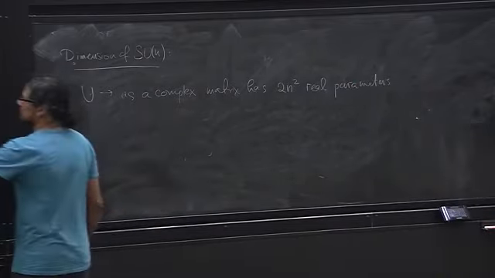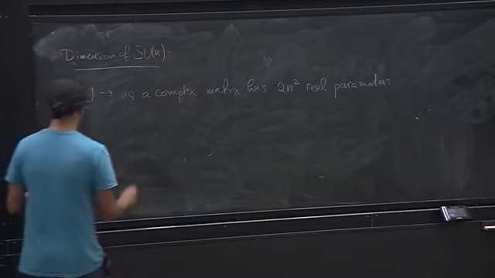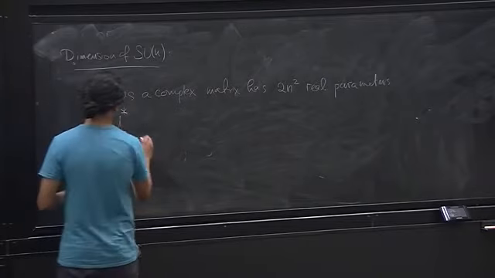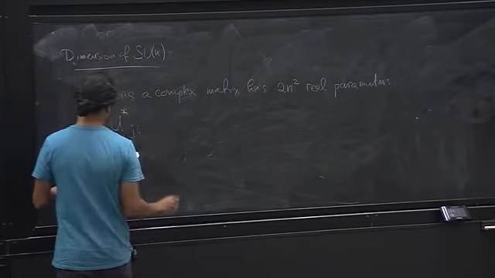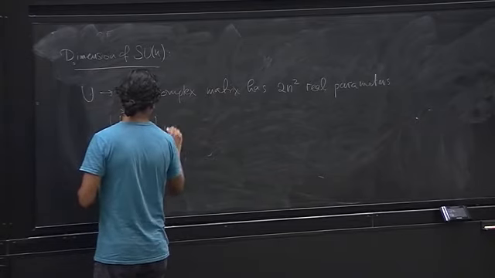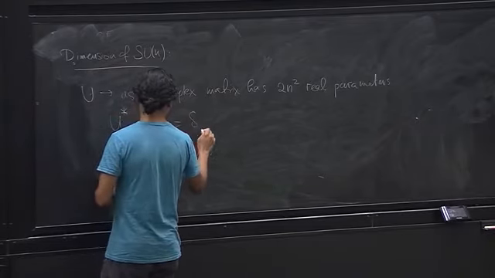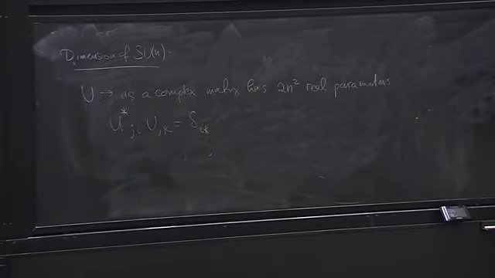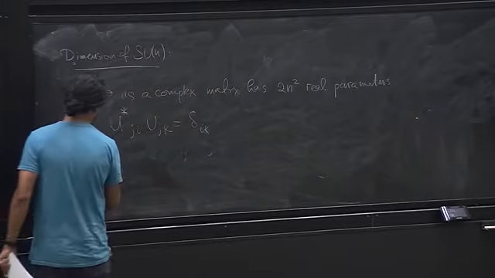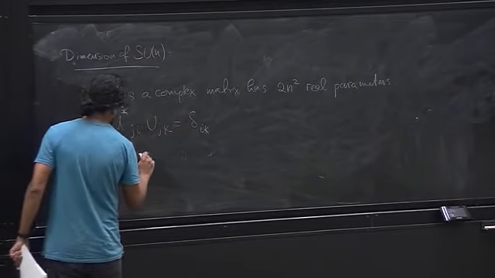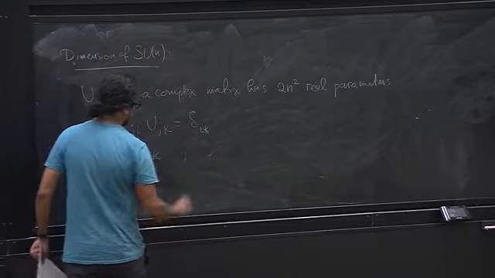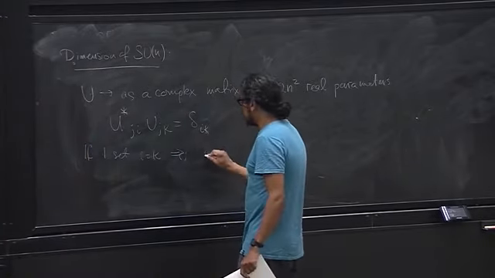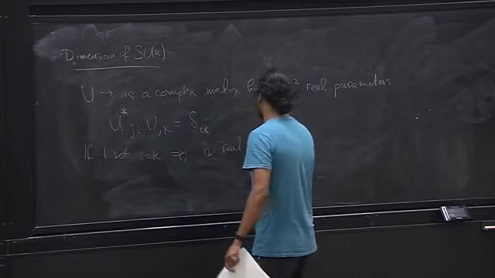If I look at these conditions in components, there is a sum over j. Now if I set i equal to k, then we get n real constraint equations.